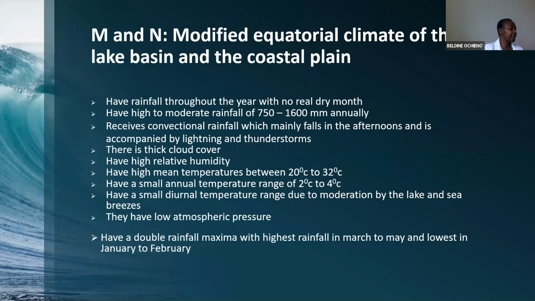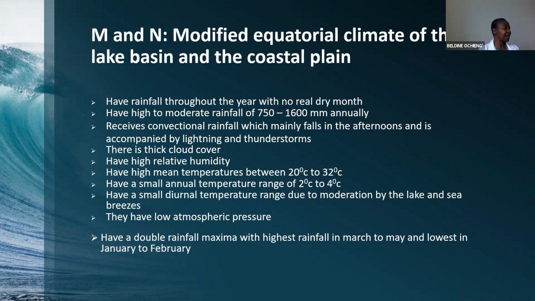The next one, there is thick cloud cover. Thick cloud cover will give us at least rainfall. When the sky is clear, then there's no rainfall. So we go for thick cloud cover there.